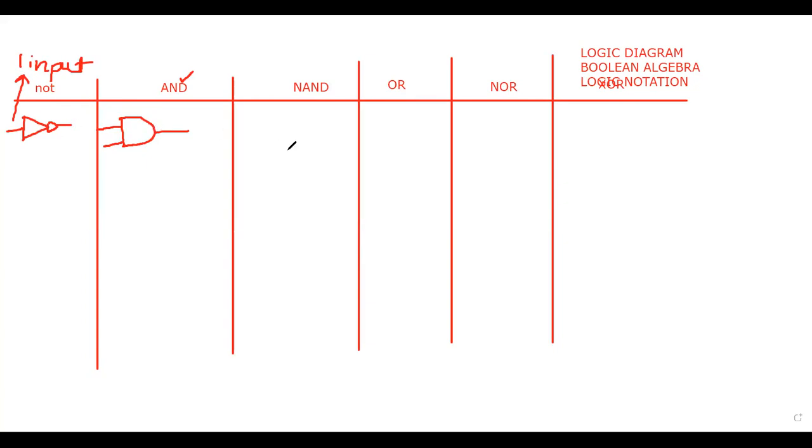Okay? Yes, go ahead. Said yes. It's fine. Next. Should I continue now? Okay. Then the NAND gate. This N basically reflects the opposite or NOT of the AND gate.